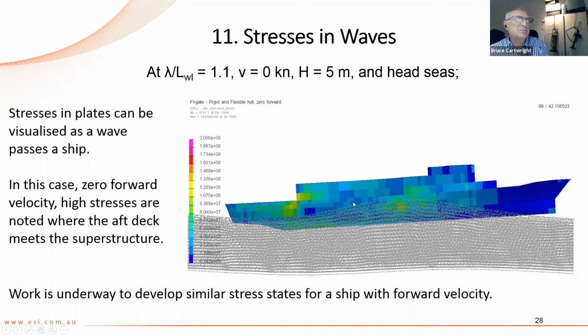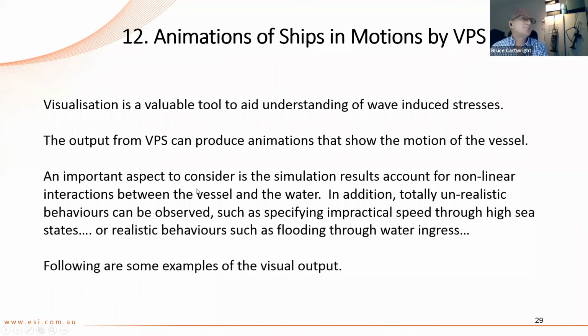So without any real serious engineering validation, your engineering intuition should tell you that that's what you'd expect. So again, it's nice to see these sort of results in the FE when you first look at the results and you think, okay, yeah, that's good. So the work within the project now is trying to validate a lot more of these stresses as the boat goes over waves in known conditions.